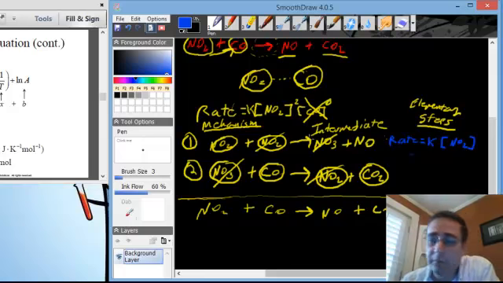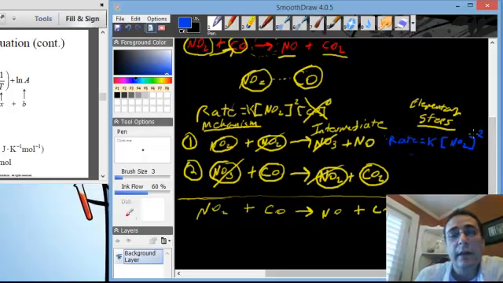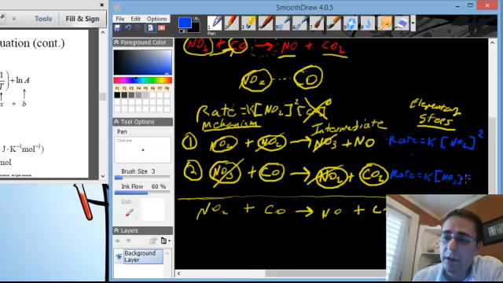And since there's two of them, we would say that it's second order. So in the case of elementary steps, the order does not have to be determined experimentally. It can be determined just using the coefficients, the number of molecules in the step that are colliding. So for instance, in this one, its rate law would be rate is equal to the concentration of NO3 times the concentration of CO.